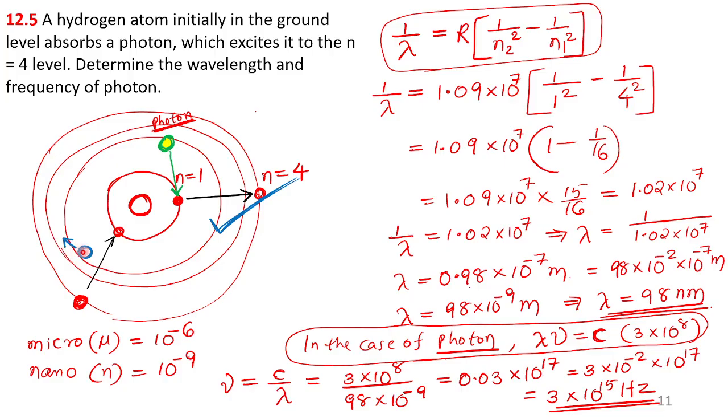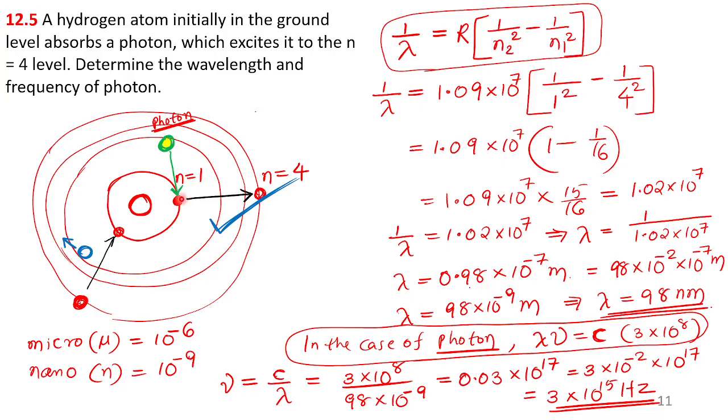The reverse process also can take place. Meaning that the electron is in the lower energy state, say n equal to 1.